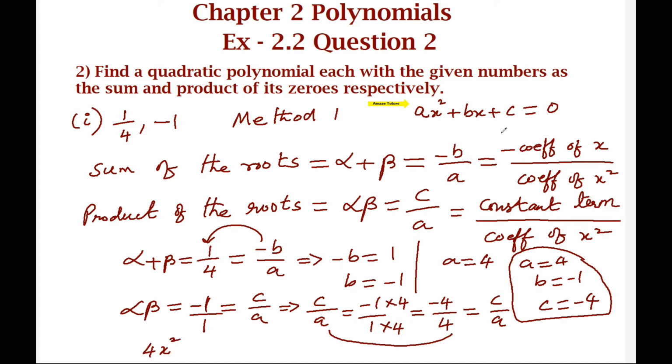B is negative 1x, but you can simply write it as negative x, no need to even write the 1. And c is negative 4, so negative 4 is equal to 0. As they ask for a quadratic polynomial, not an equation, you can simply write the left hand side alone. It is a polynomial. This is the answer for part 1.